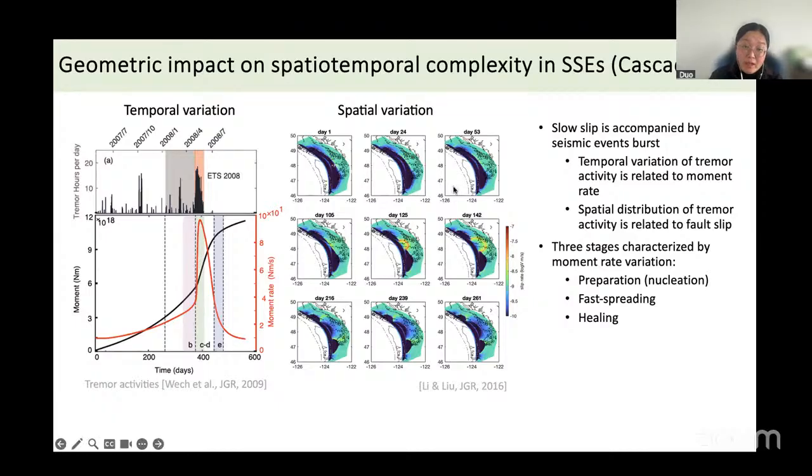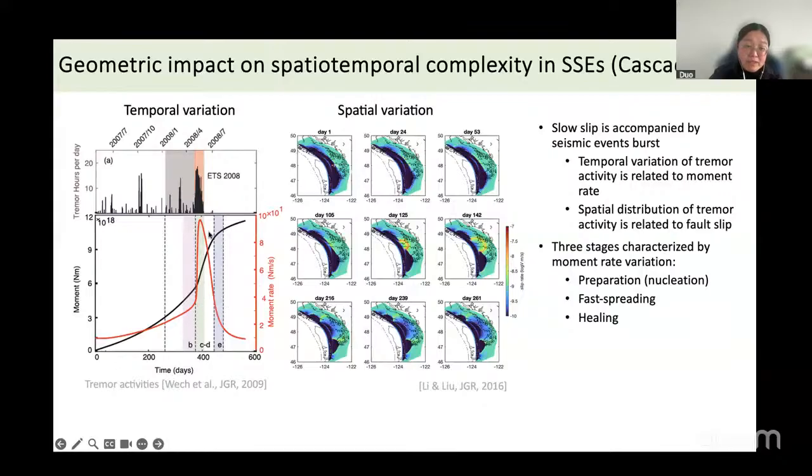When we plot the process of slow slip at each different time period on the map view, we can see that when the moment rate is low, the pink shaded region represents the very small slip accumulated at the deeper depths.